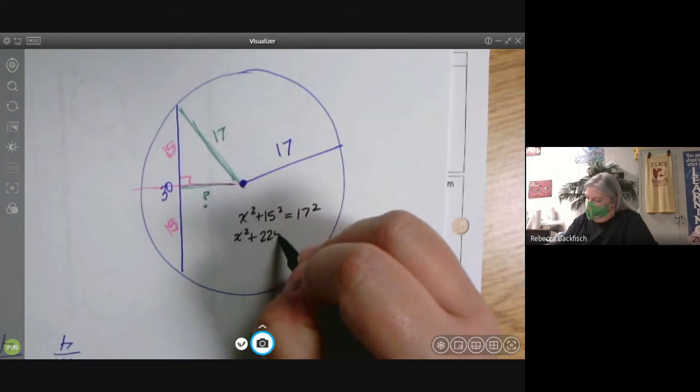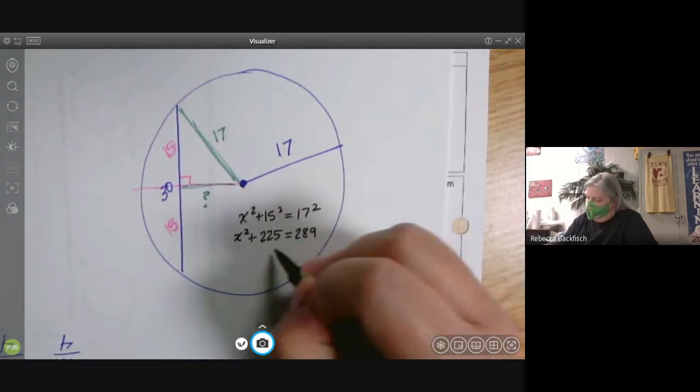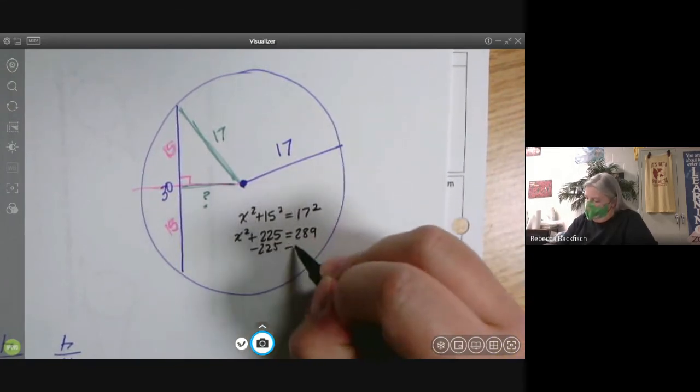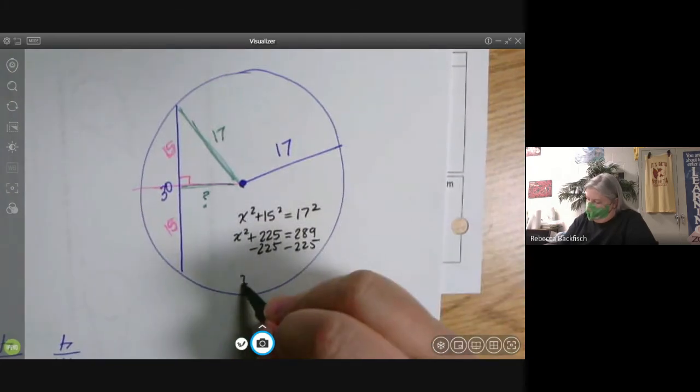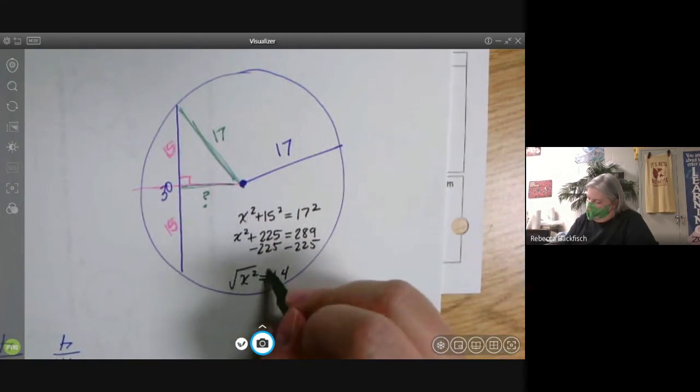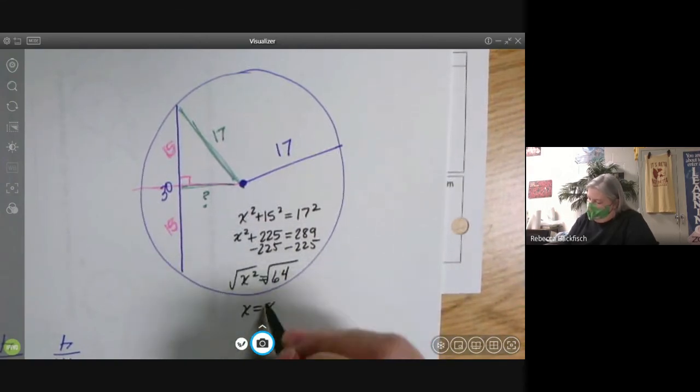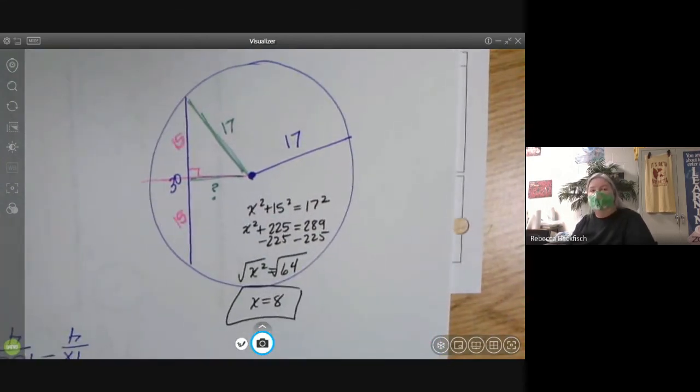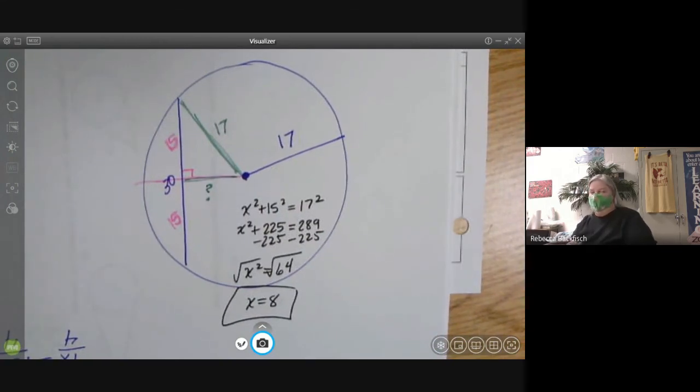And solve that. Oh, how nice. It's going to come out nice and clean. There's my answer. It is 8 units. Whatever the units are, it's 8 units from the center.